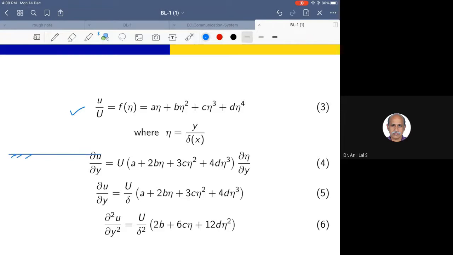This is the body surface, and this is the boundary layer.